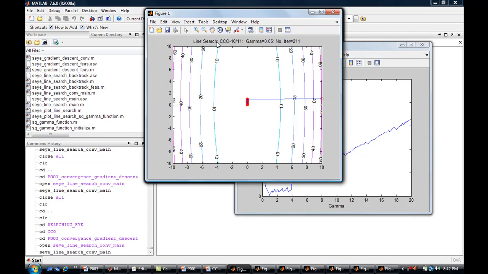So we are plotting for the 5 values of gamma, starting with gamma equal to 0.05. The starting point is 1 and 10. And as we can see, if the gamma is 0.05, then the number of iterations required to find the solution are 211. So that's a huge number of iterations. The movement in this direction is very fast, whereas the sublevel sets are not isotropic, and therefore the gradient always points in this direction.